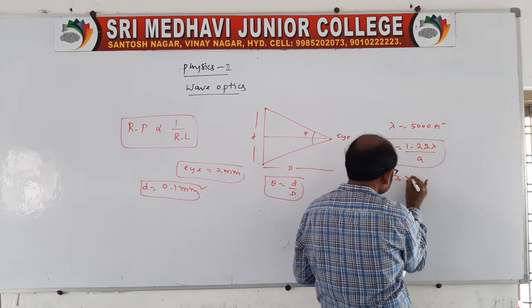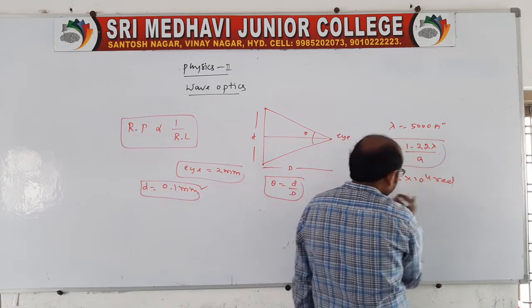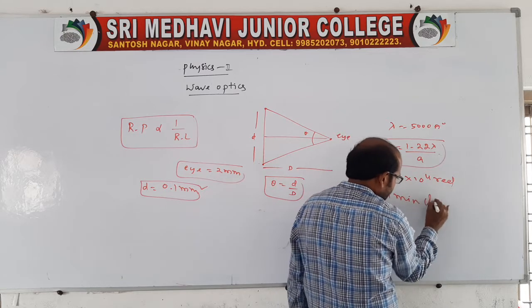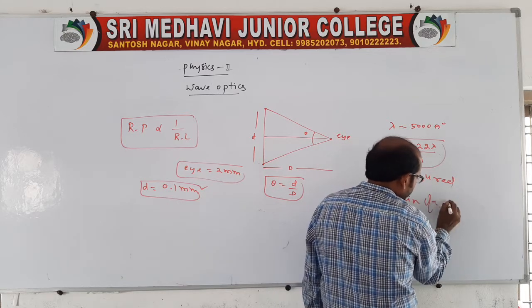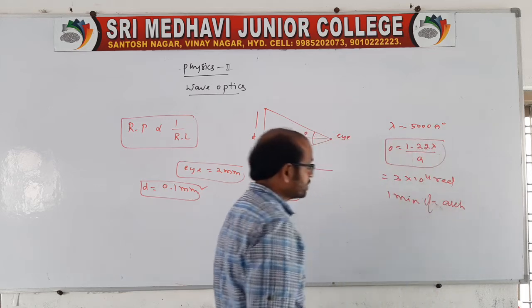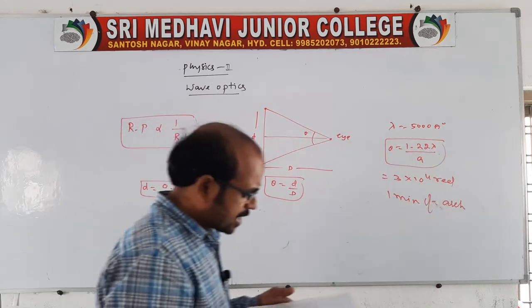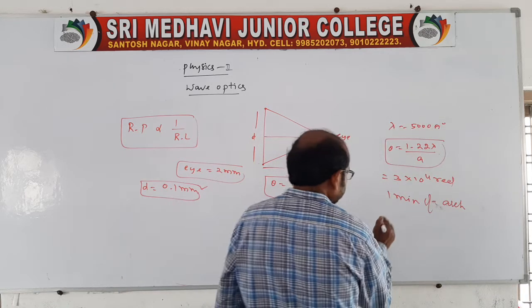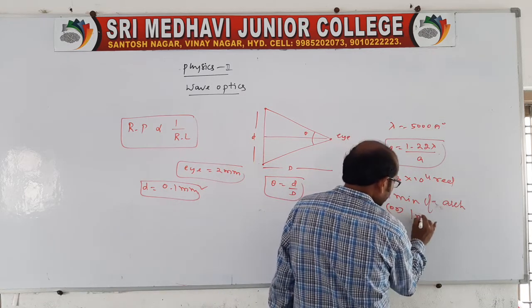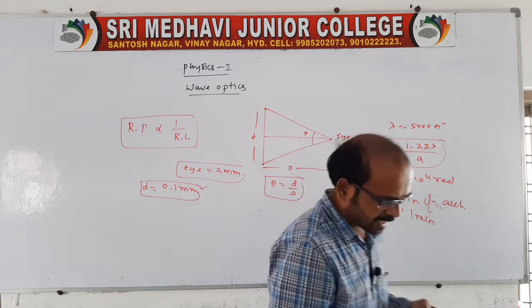We can also say 3 into 10 power 4 for red light, and it is 1 minute of arc. 1 minute of arc angle is subtended at our human eye.